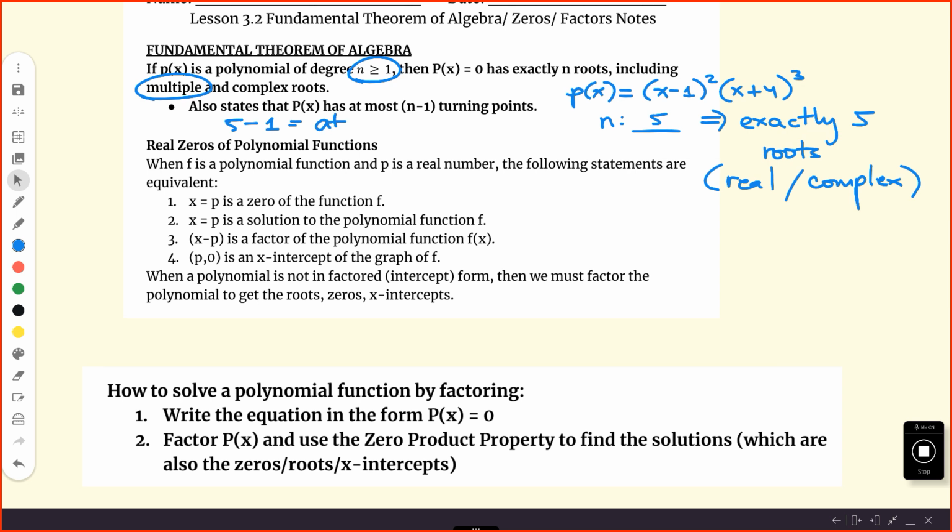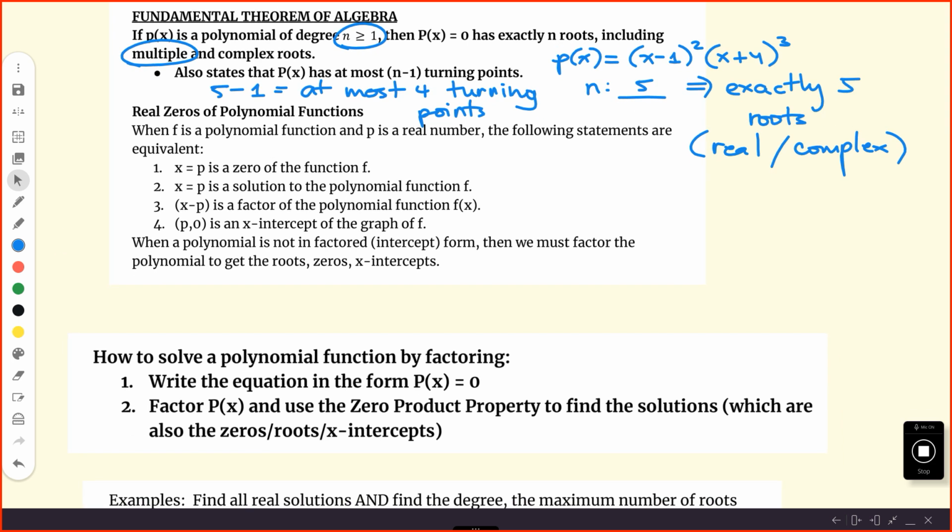Therefore, we have at most 4 turning points in this function, x minus 1 squared times x plus 4 cubed. Okay? So what do you mean by at most? You can have 1 turning point, 2 or 3 or 4, right? But it cannot be more than 4. Okay? As long as you know the maximum number, it's 4. All right.